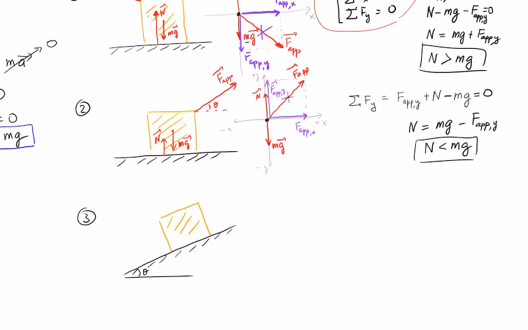Look for it. Now let's put all the forces down here. First one, we have the mg downwards, and then we have the normal force that the surface is pushing up. Okay, and let's say there is no applied force.